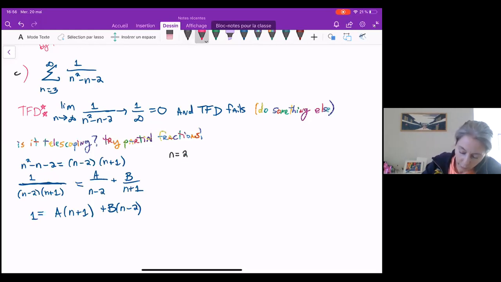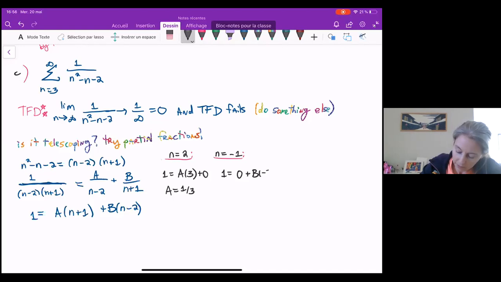So let's start with 2. And I will get 1 is equal to A times 3. So A is equal to a third. And then n is equal to negative 1 will give me 1 is equal to 0 plus B times negative 3.